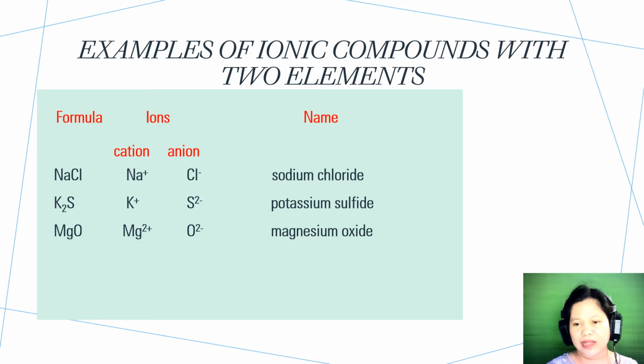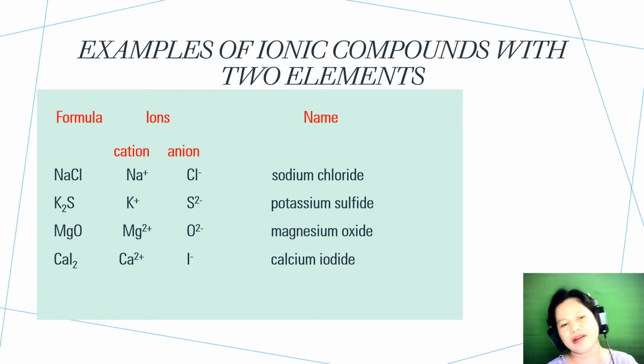That's why there is no need for you to write down the charge, because they cancel out. So we also follow the least common factor. Mathematics will also be applicable here.